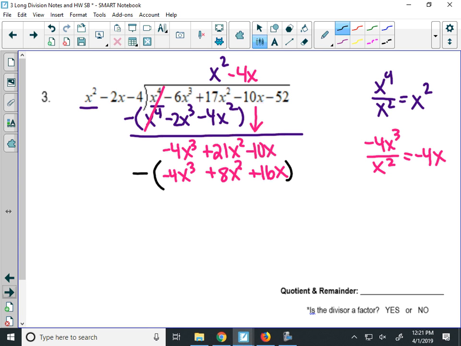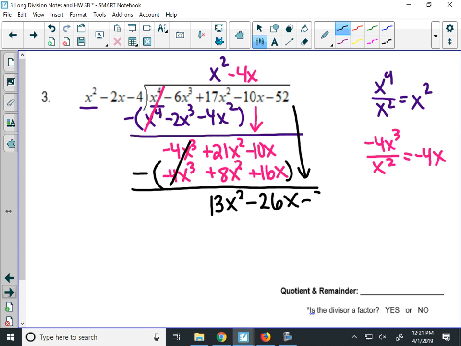Parentheses, minus. First terms cancel. What's 21 minus 8? 13x squared. And negative 10 minus 16: negative 26x. And then bring down your minus 52.